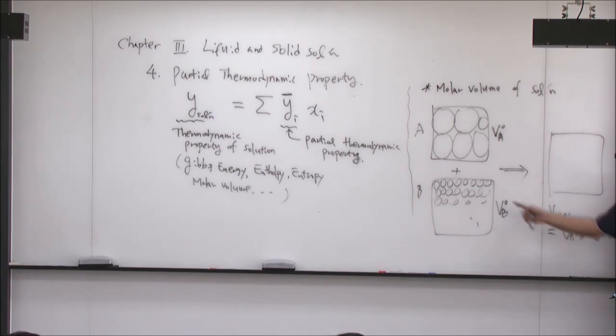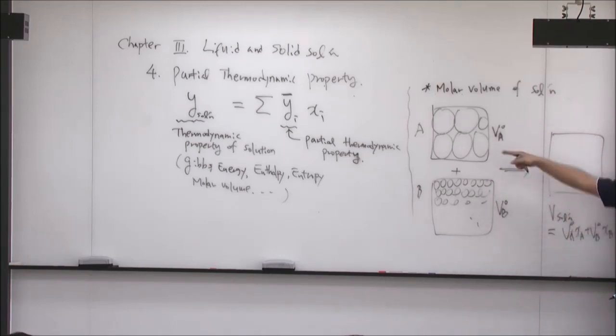Because a small ball can go inside the empty spots between the bigger balls. So the molar volume will not be the same as the summation of the pure A and pure B volumes. Okay?